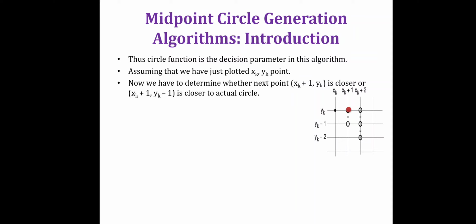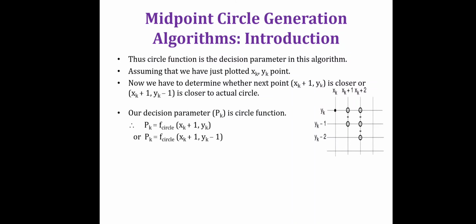This may be closer to the curve, or you can have the other point, xk plus 1 comma yk minus 1. You can select one of these 2 points, but it may happen that the curve is not passing through either point.